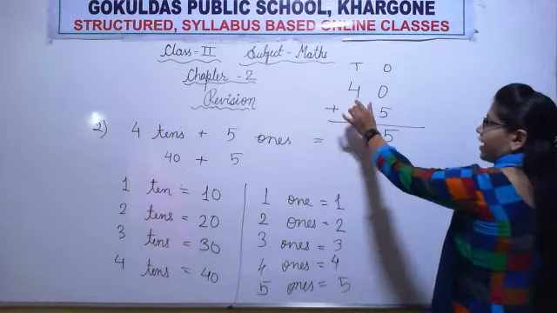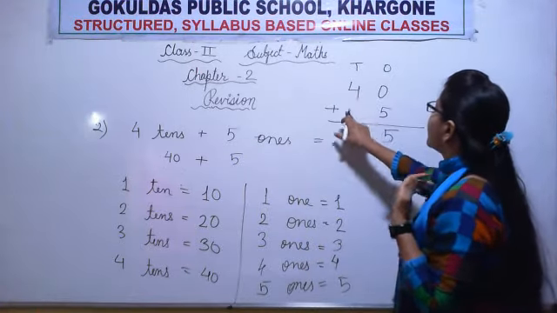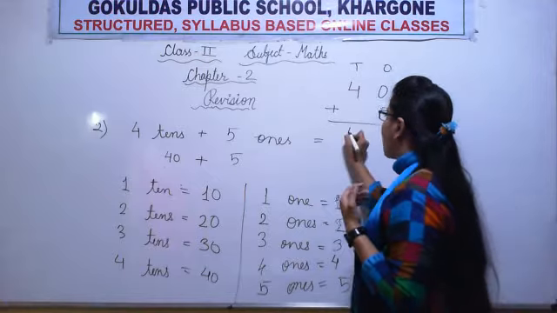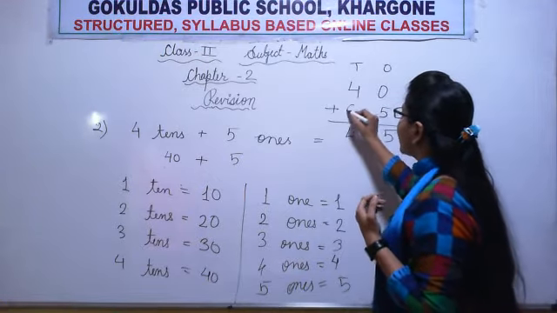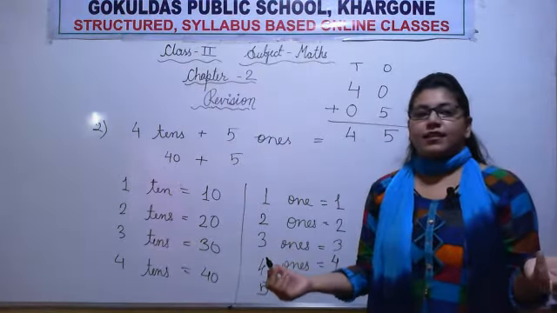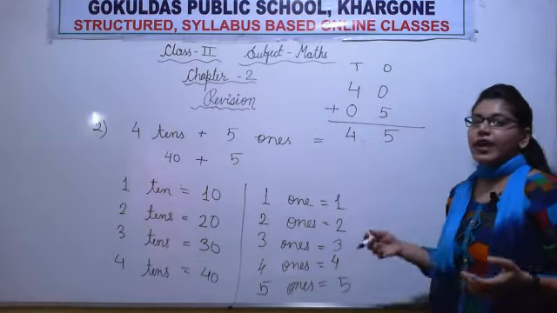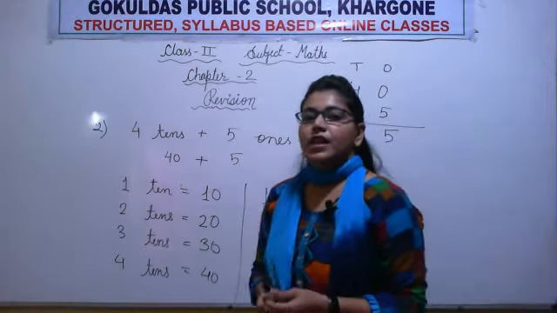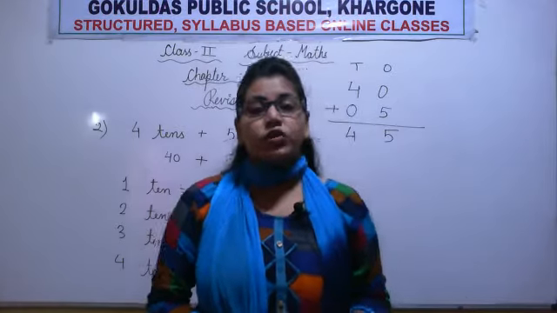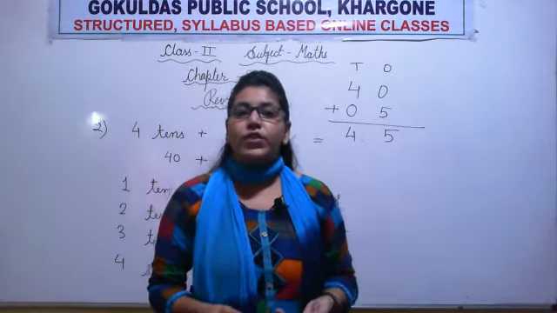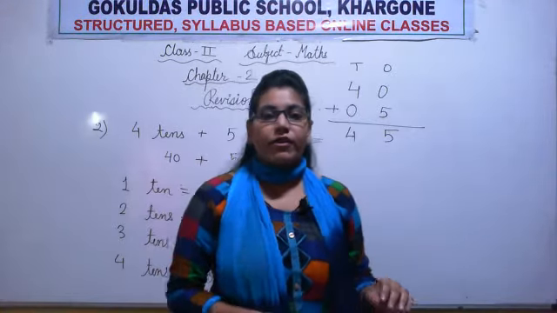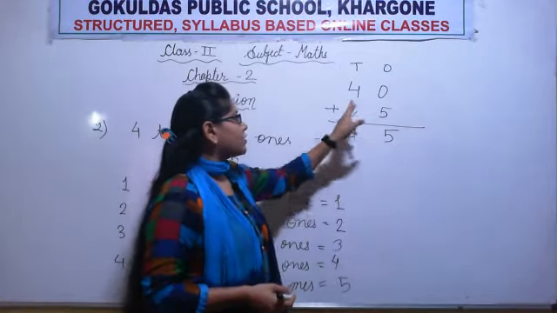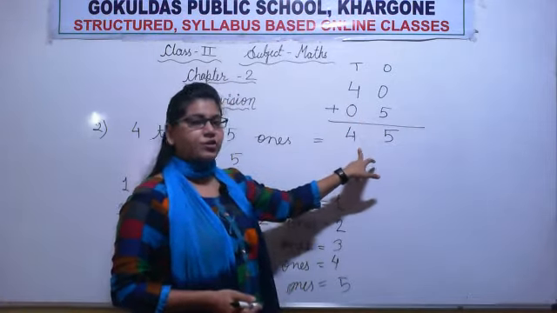Now no number is there, only 4 is there. So we will write 4 as it is, or we can say 0 is there. So 0 plus 4, again zero property. Whenever a number is added to 0, the result will remain the number itself. So 0 plus 4 is equal to 4.